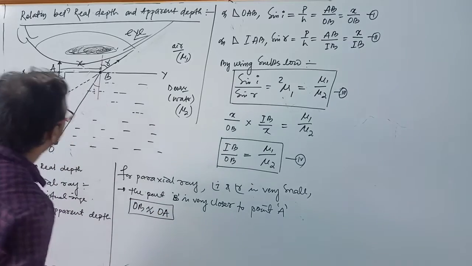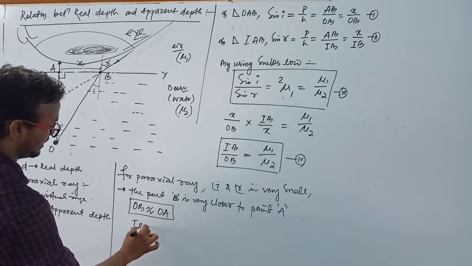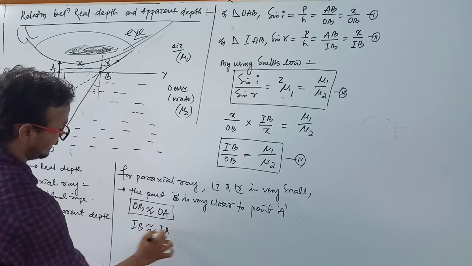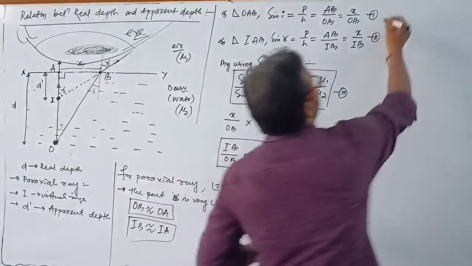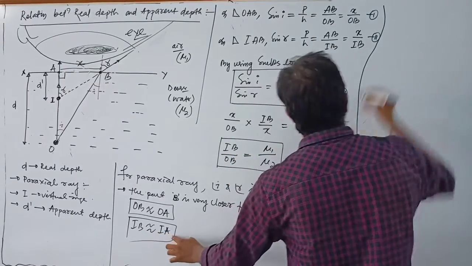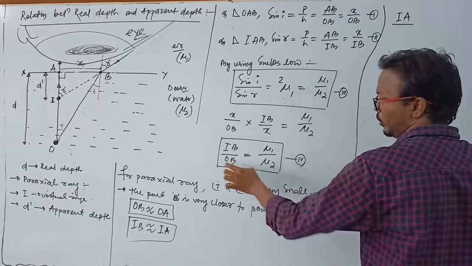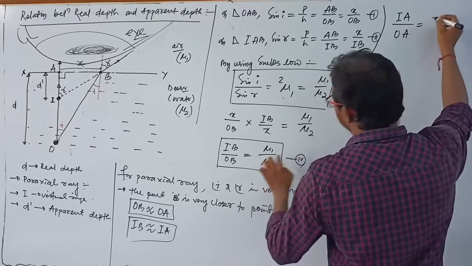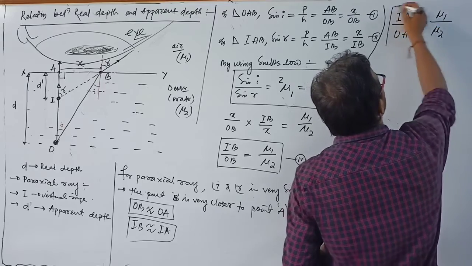This is the first relation. Again, IB is nearly equal to IA. Clear? If we use these relations, then IA divided by OA equals mu 1 divided by mu 2.